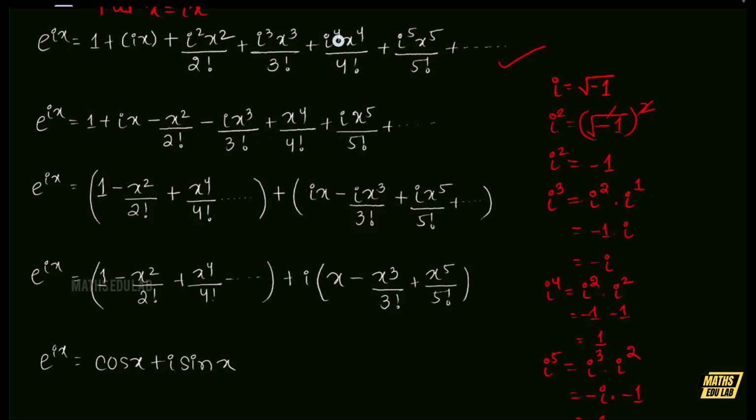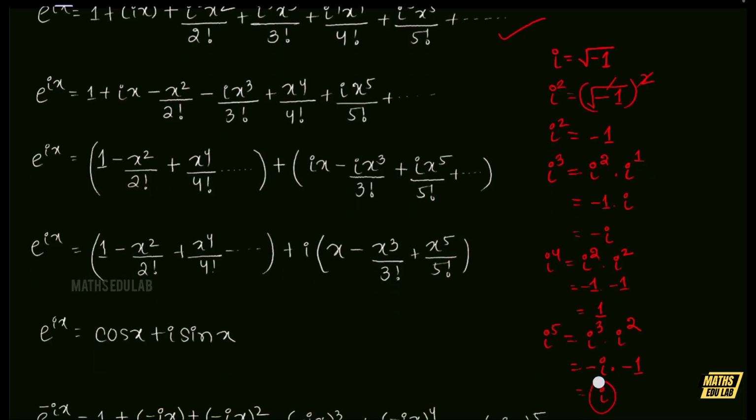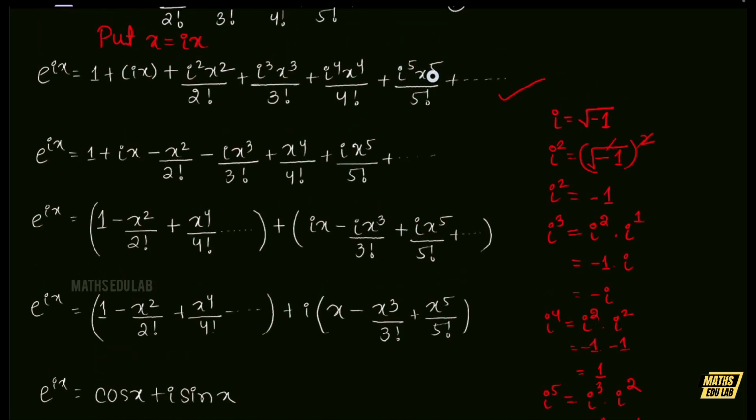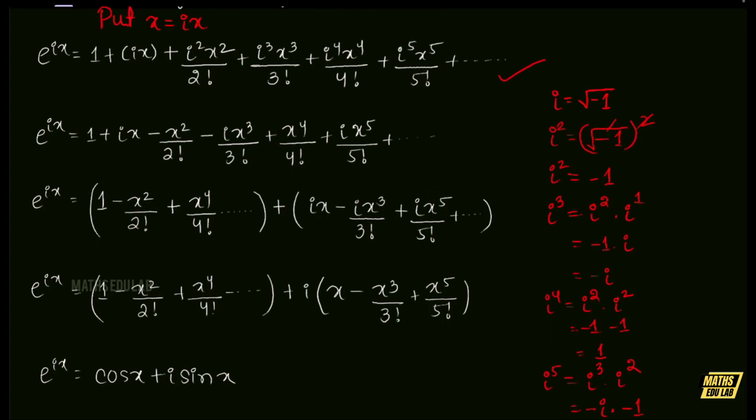Then iota to the power of 4 is 1, so 1 into x to the power of 4 is x to the power of 4 by 4 factorial. Plus iota to the power of 5 is iota, so iota into x to the power of 5 upon 5 factorial and so on. This is the equation we got here.